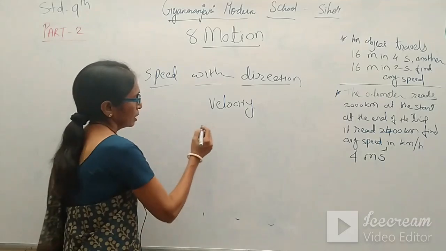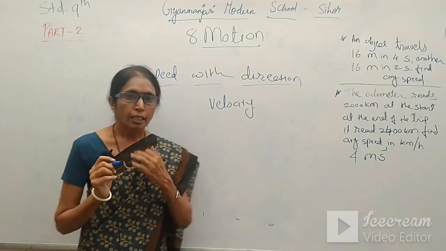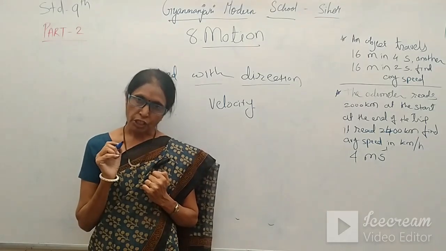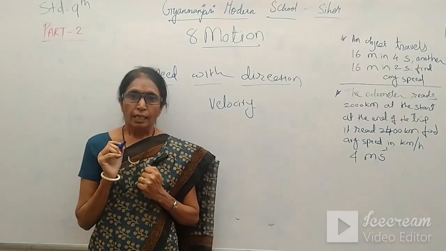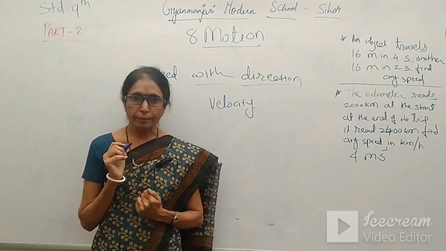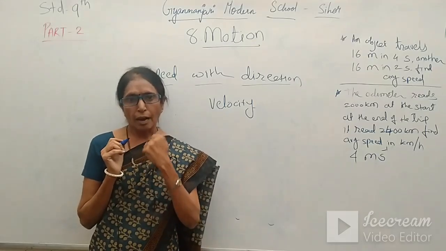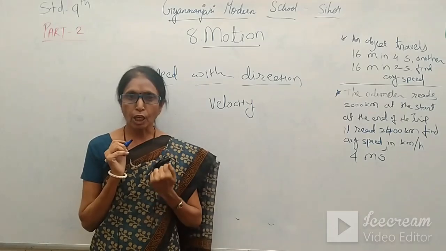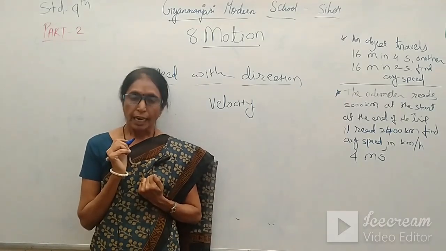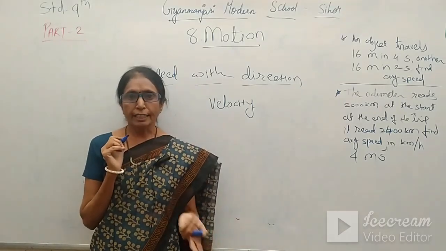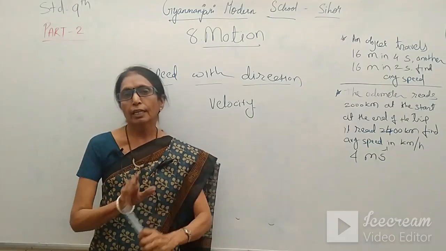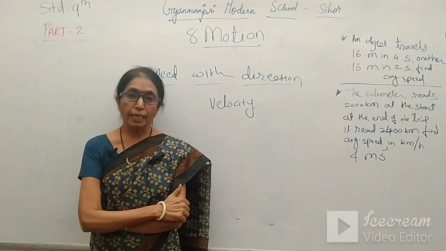Now suppose one train starts from the station, and after 5 seconds its speed can be 2 or 3 kilometers per hour, and within 10 minutes its speed reaches about 30 kilometers per hour.